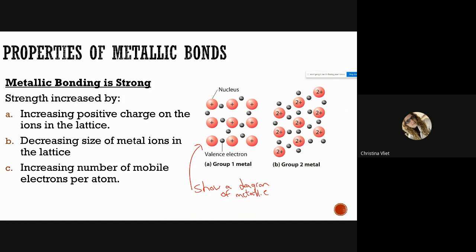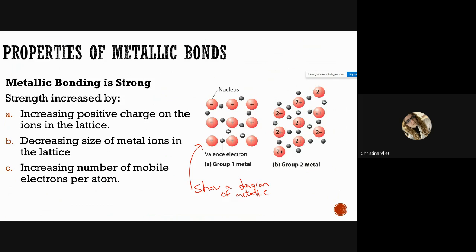And so if you have a group 1 metal, it would be a +1 charge. If you have a group 2 metal, it would be a +2 charge. And how many valence electrons would be floating for the sea for each atom? 2. And so it would be a 1-to-2 ratio. So if they ask you to draw, this is what they're expecting to see.